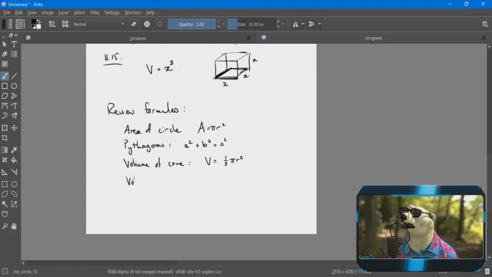Then we have volume of a sphere, which is 4 over 3 pi r cubed. And then we have volume of a cube, which is side length cubed.